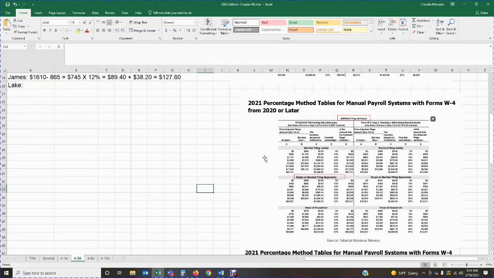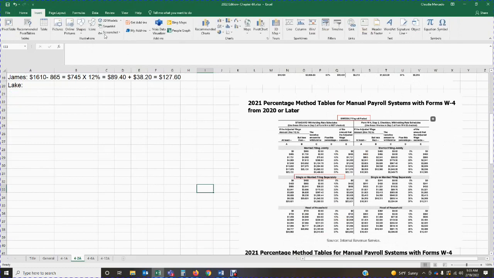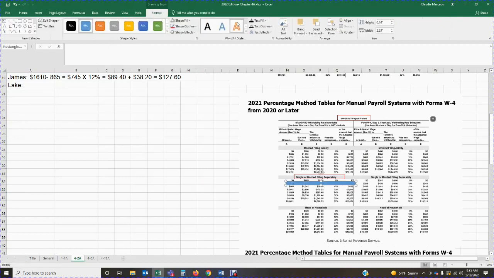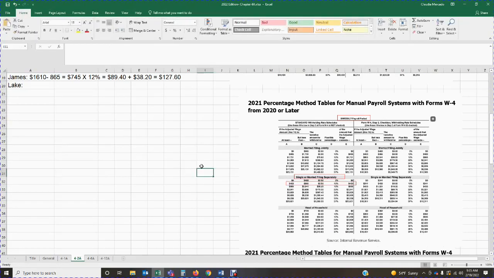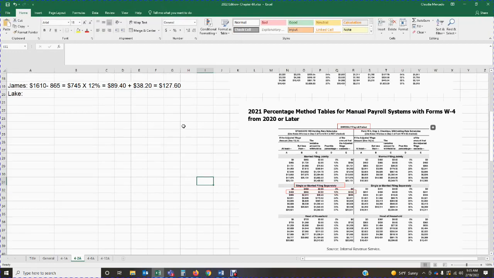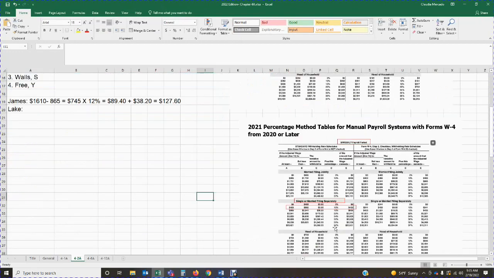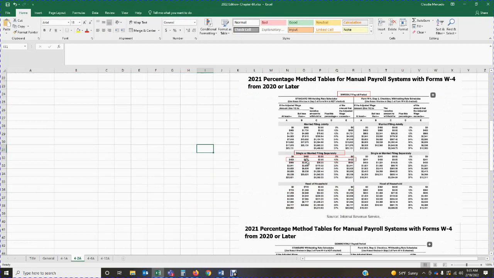So we're going to be using that second tier right here, because the employee makes 825. That's between 483 and 865. And we're under the single area, remember? This employee is single. So now we're going to focus our calculations on that particular tier.